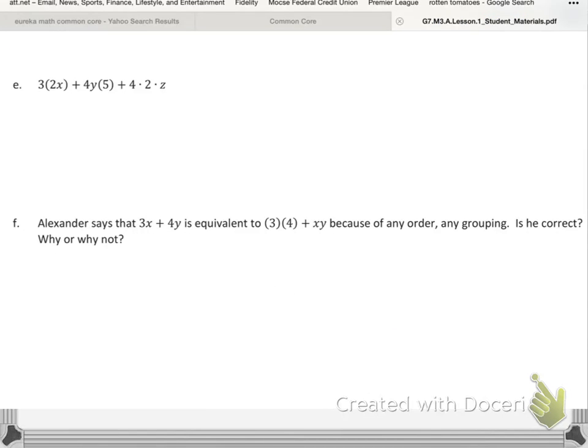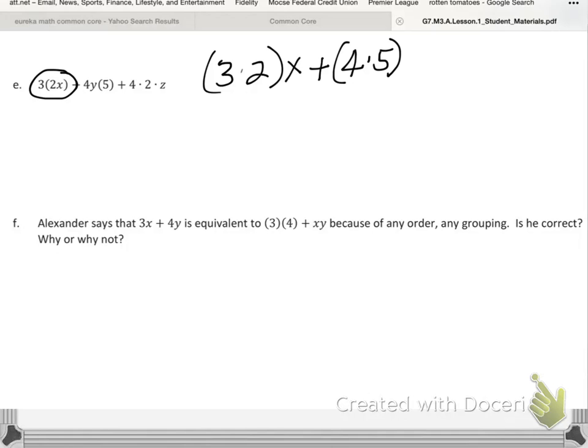Now we have E. It takes it a step further. As you can see, they're combining a lot of these all together here. We have already done this first part, but we could just do it again. Remember we had 3 times 2x, and that's this right here, plus 4 times 5y, and that's here.